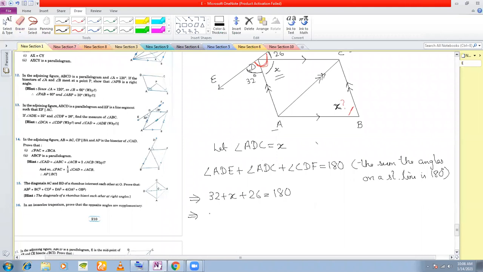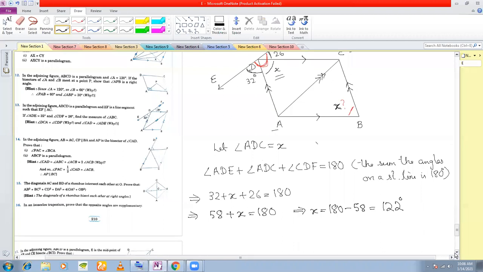So this is 58, 32 plus 26 is 58, plus X is equal to 180. That means X is 180 minus 58, which is 122. So we have found out the value of X to be 122.